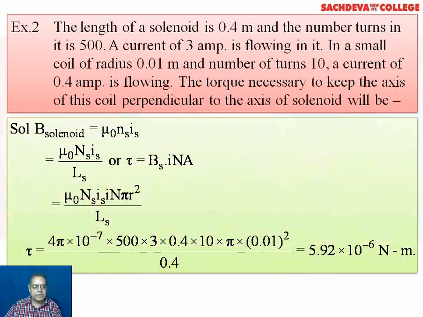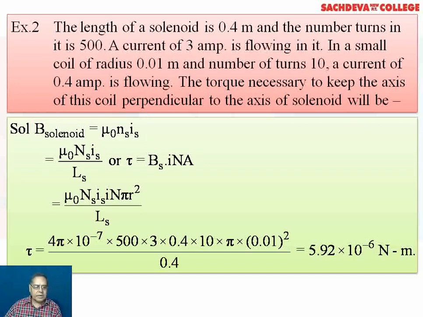Now, the solution is given as follows. That is, magnetic field in the solenoid is mu naught NS IS. NS stands for the number of turns in solenoid. IS stands for current flowing in the solenoid.